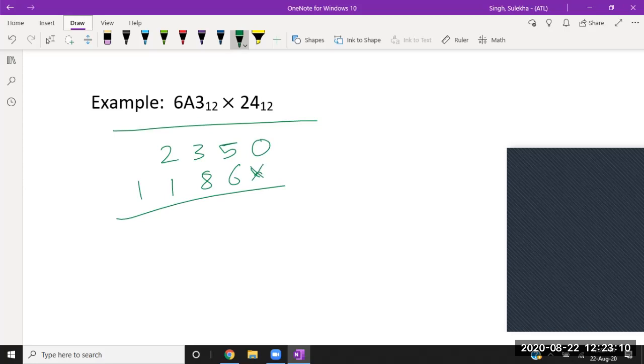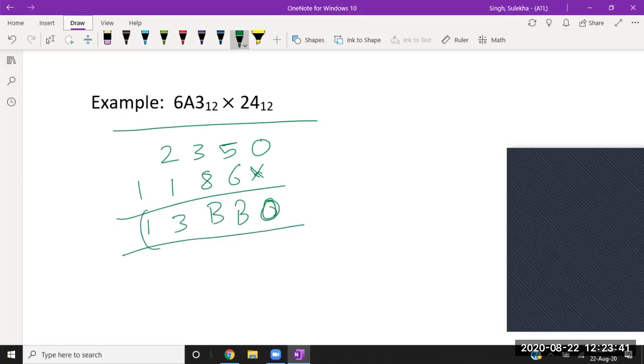When you add this, you will get 0 plus nothing, that is 0. 5 plus 6, that is 11, and there are only 12 numbers from 0 to 11 in base 12. So this 11 you can represent in the form of a letter, that is B. Again, if you add 8 plus 3, that is 11, and 11 is again B. 2 plus 1 is 3, 1 is 1.